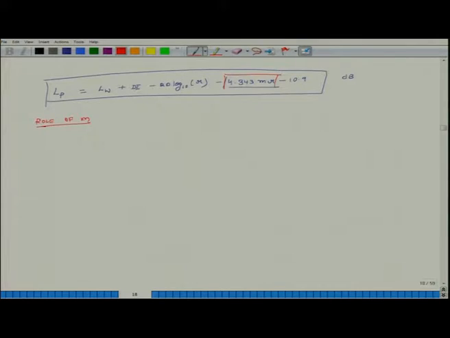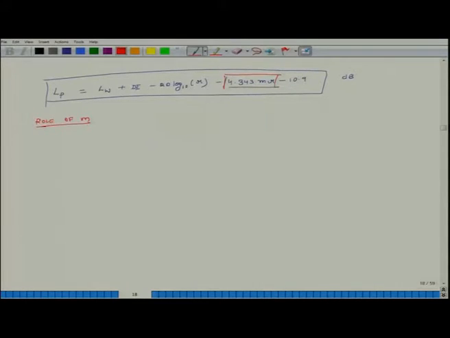M we had discussed, either you can express it in inverse of meter, that is the unit, or in kilometer inverse. So, let us look at some of the values of M.